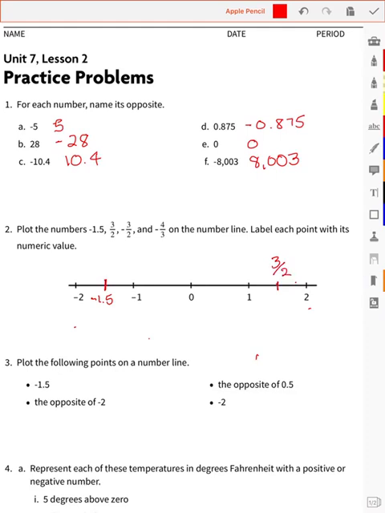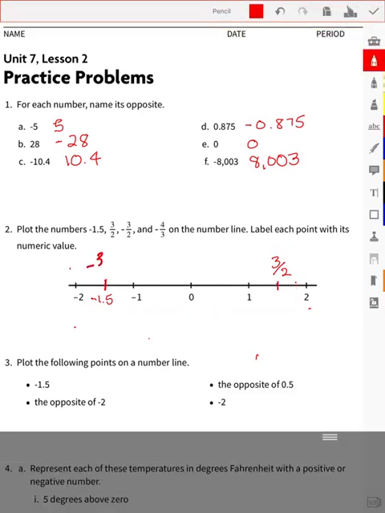Negative 3/2 is the same as -1.5, and -4/3 is going to be -1 1/3, so -1 and 1/3 is about there, and you label that. That's all you need to do for that.